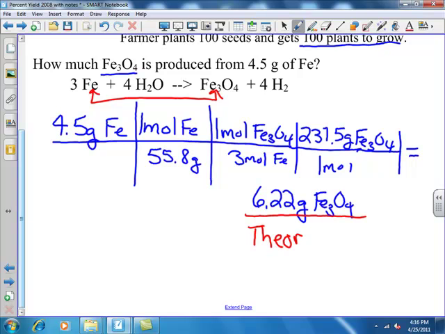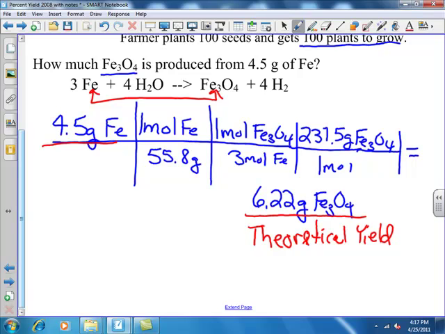That's, in theory, what we should get. So in theory, if I start with 4.5 grams, I should produce 6.22 grams.